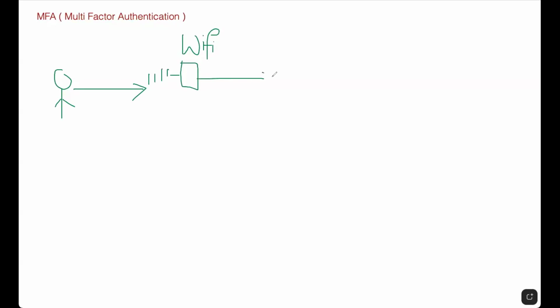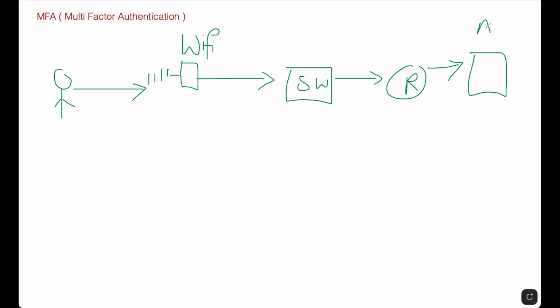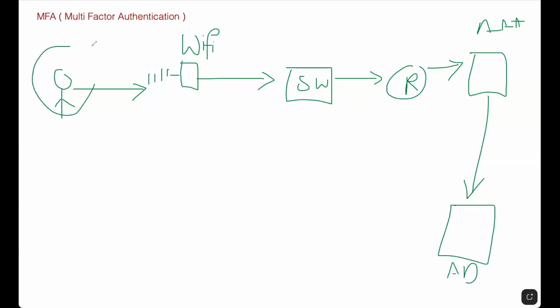This access point is connected to a switch, the switch is connected to a router, and this router is connected to a AAA server. This AAA server is connected to the Active Directory. Okay, so now we know that if this user has a laptop, he can put in his username and password.